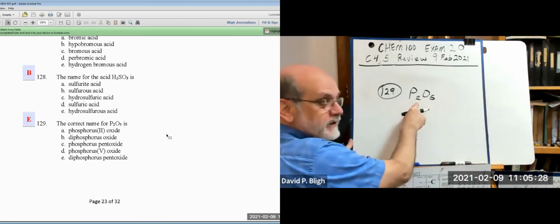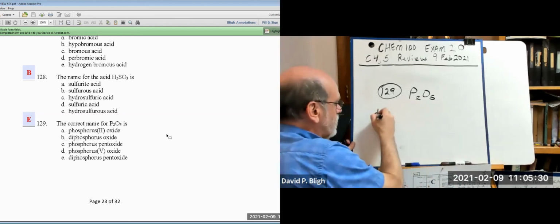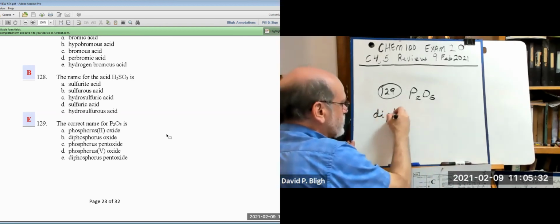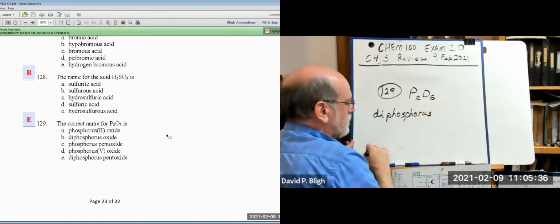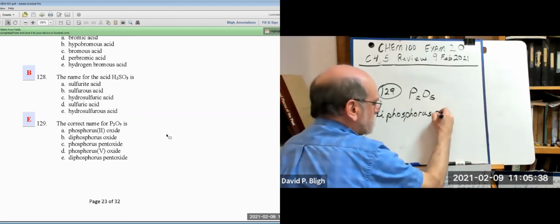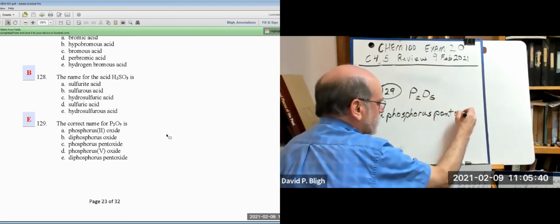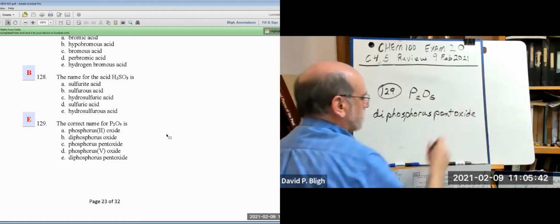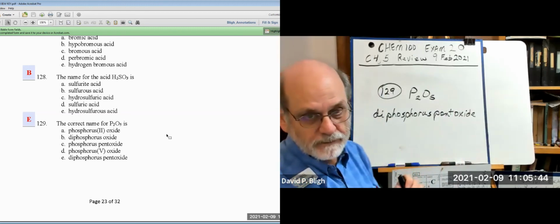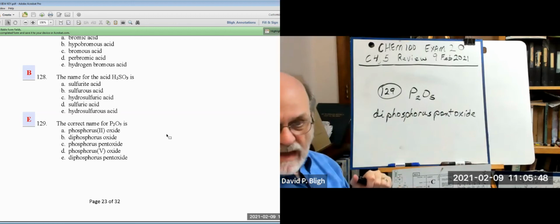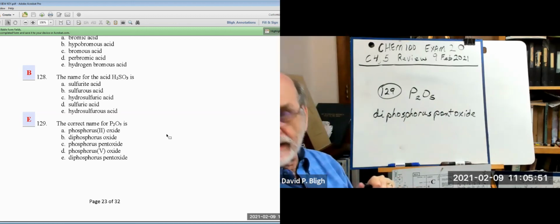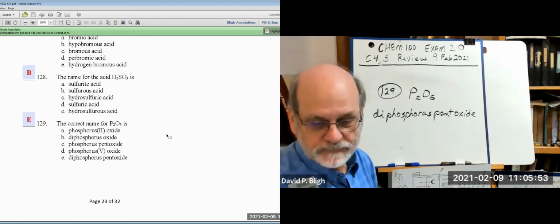So the prefix for 2 is di, phosphorus, pentoxide. So that makes it E is the answer to that one.